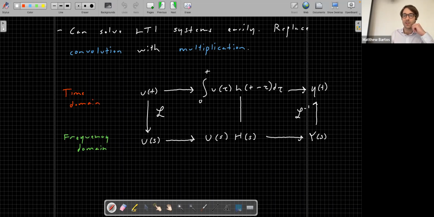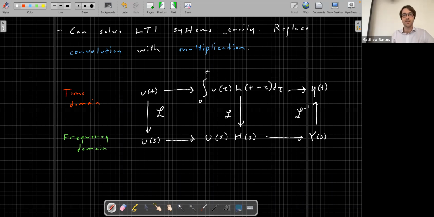We apply the Laplace transform to the impulse response to get the transfer function, which we'll talk a little bit about today. And then we can simply multiply the input and the transfer function in the frequency domain to get the response of the system in the frequency domain. From there, all we need to do is apply the inverse Laplace transform to get us back into the time domain, and we have our solution to any arbitrary input to our LTI system.